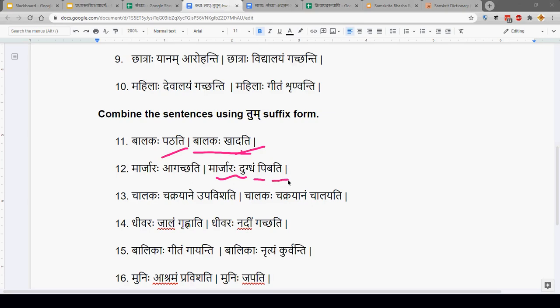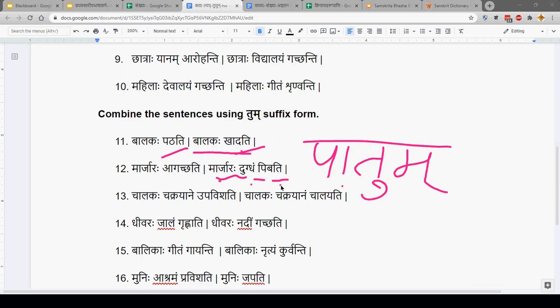Marjarah dugdham pibati. Now here, for pibati also we need to find out the root form. Again, follow the same path. You find the root is pa there. So you add tum to it. Obviously, you will find this also in the book. Marjarah dugdham patum agacchati. It comes to drink the milk. Marjara is a cat.